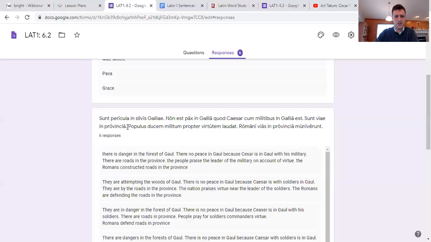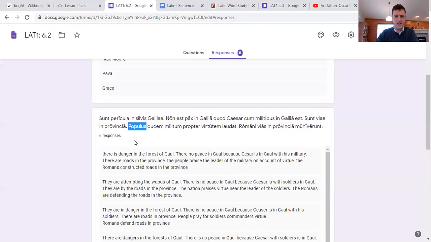Fourth one, populus ducem militum propter virtutem laudat. Let's look at our verb, laudat, third singular present active. He, she, it praises. Do we have a nominative singular subject? Populus, that's nominative singular. So we could say the people praises.